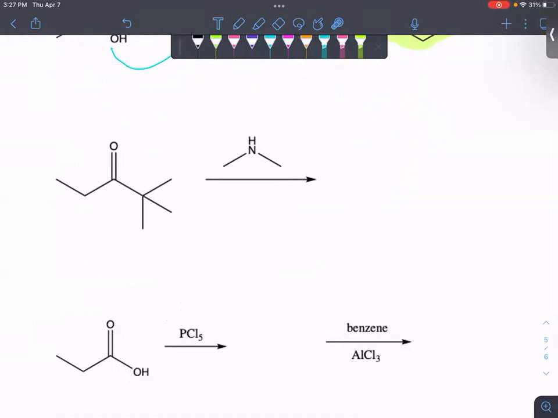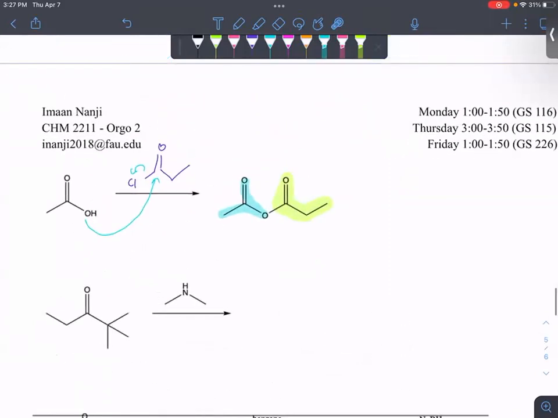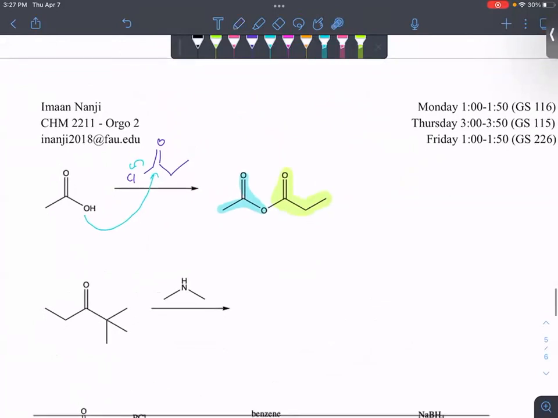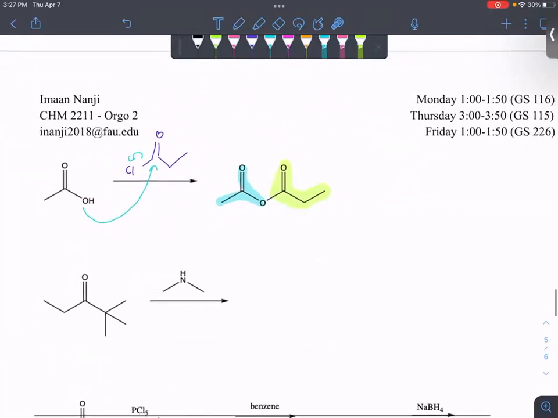If it was switched around, like if you were given the acid chloride as your initial reagent. And to go from the anhydride to carboxylic acid, just water.